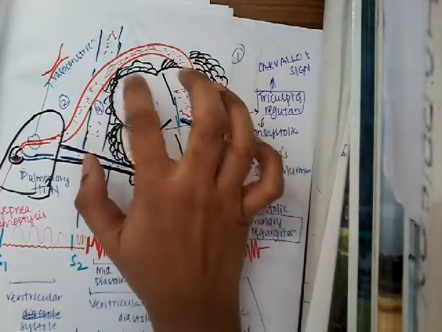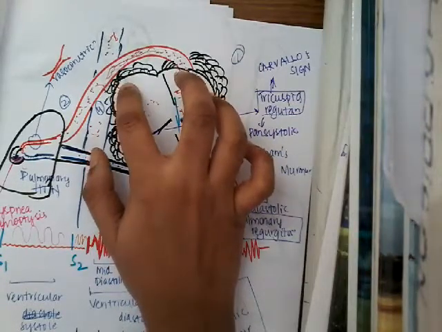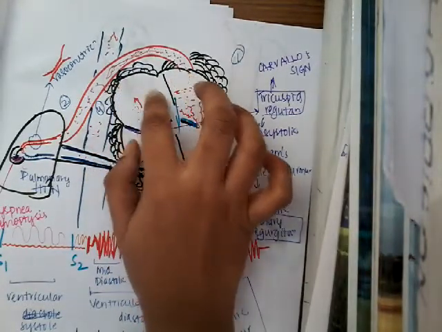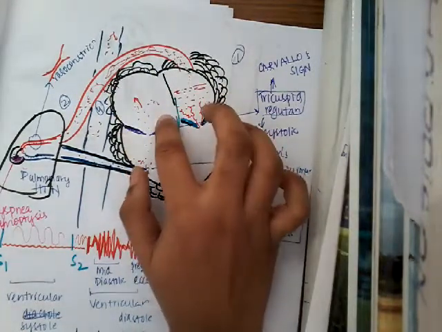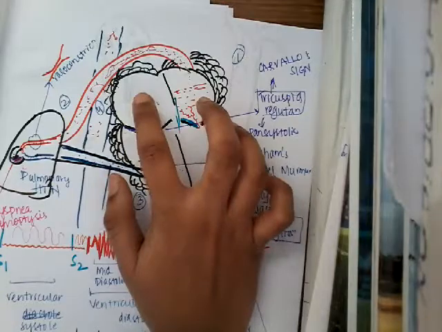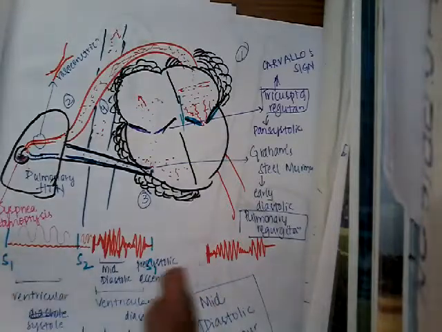So from the sinoatrium, the impulses reach the AV node in the right atrium very fast, because it has mild enlargement, whereas the left atrium has large enlargement. It has enlarged a lot.